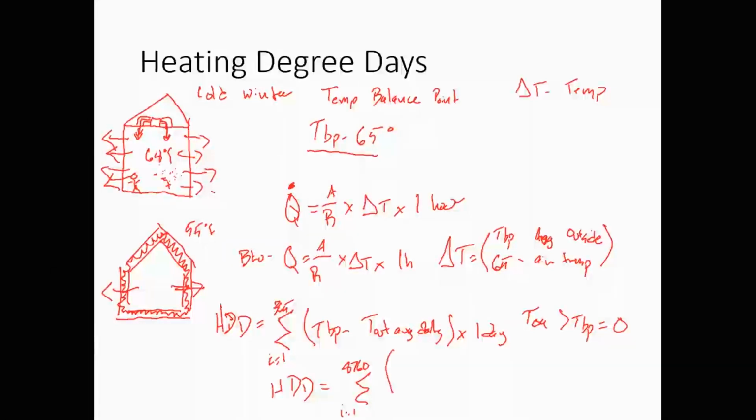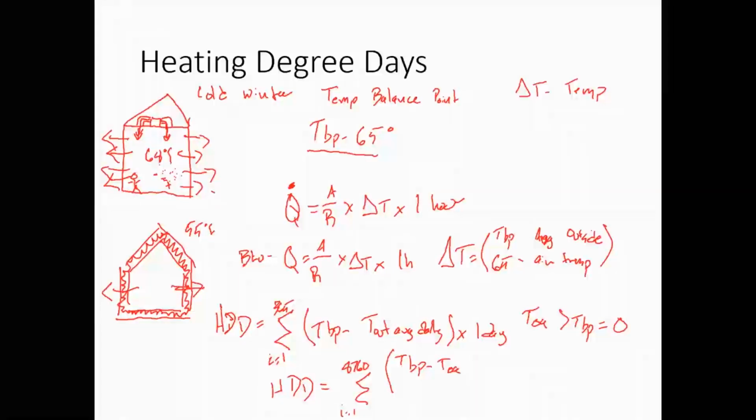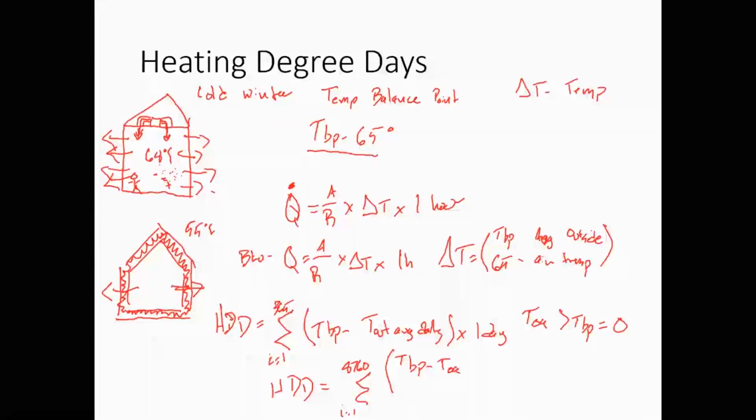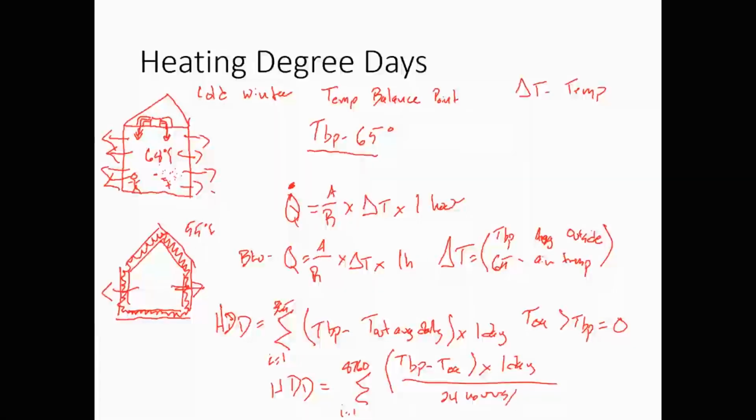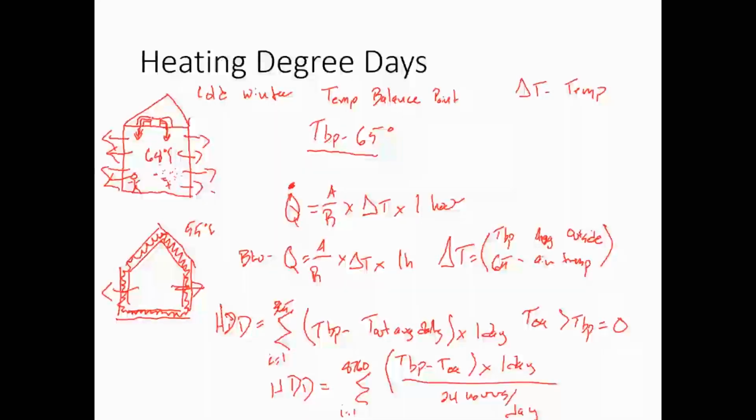And this is going to be times temperature balance point minus temperature outdoor air average, times 1 day over 24 hours per day. Your hours and the R value and all that stuff all cancels out. It's doing the same thing.